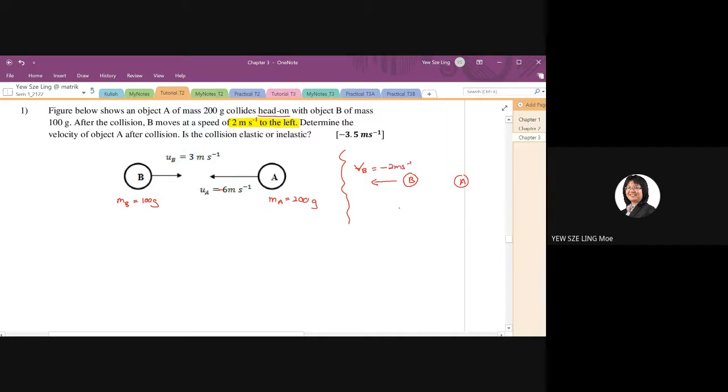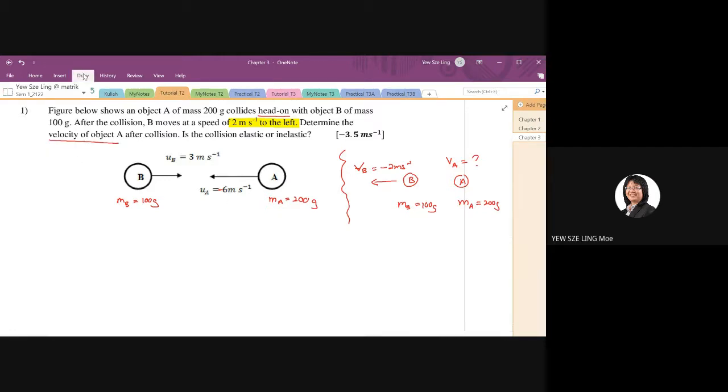I still have the same MB, which is 100 gram, and the same MA, which is 200 gram. But now I don't know the velocity, so VA is an unknown. Determine the velocity of A after collision.